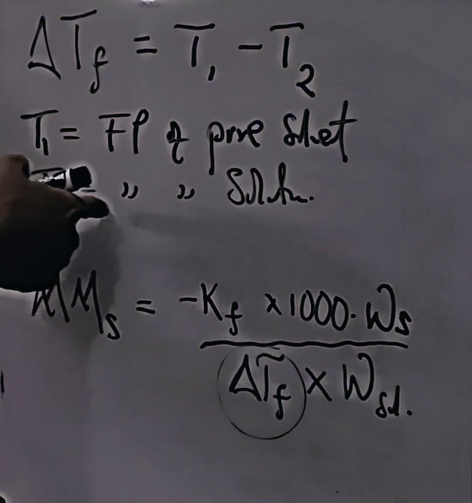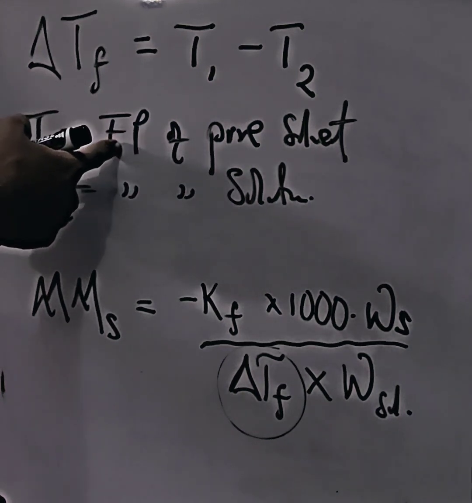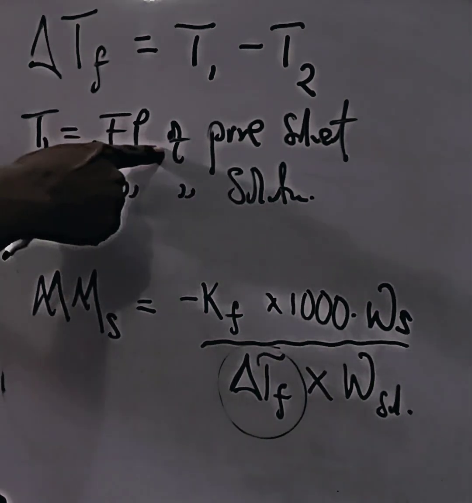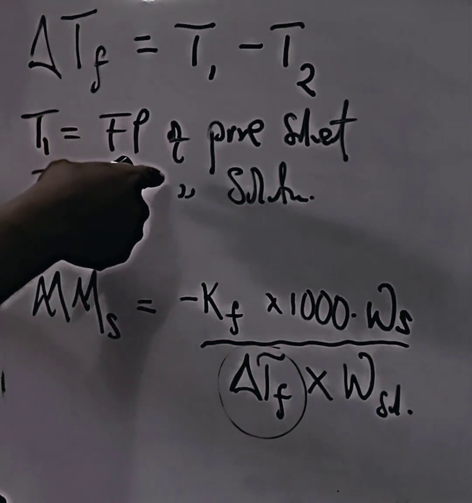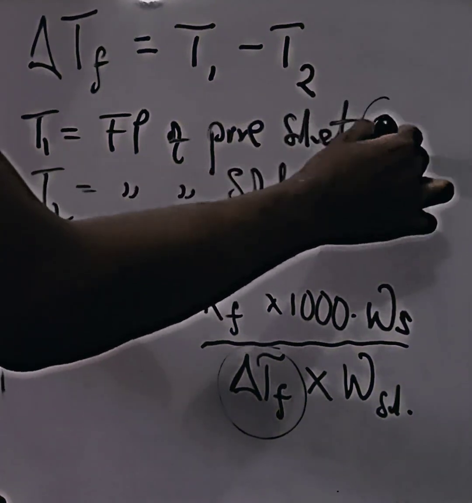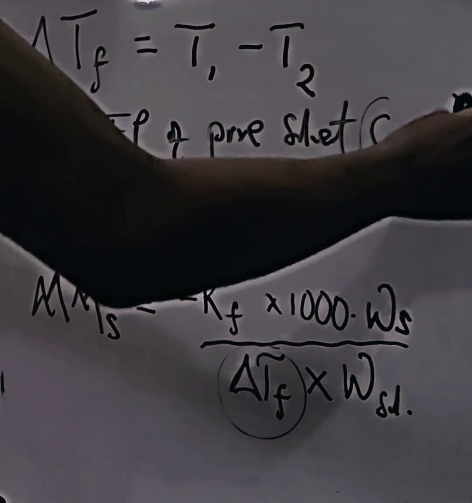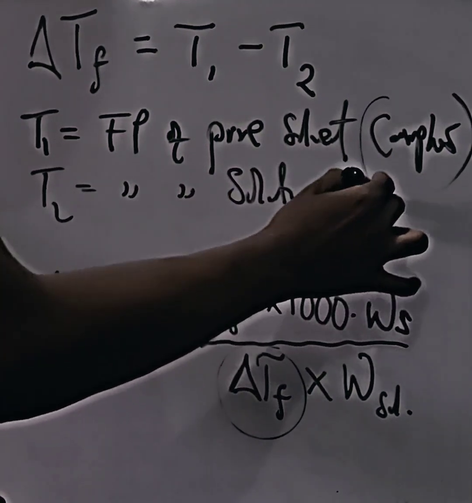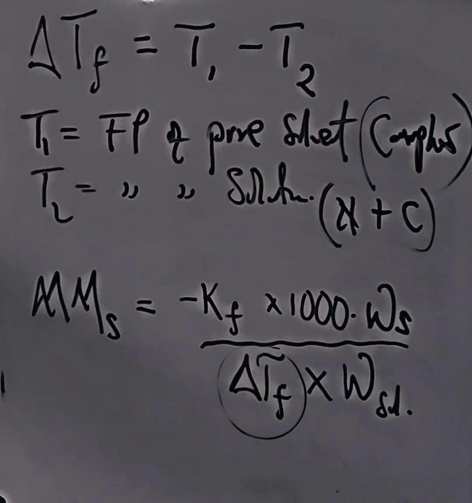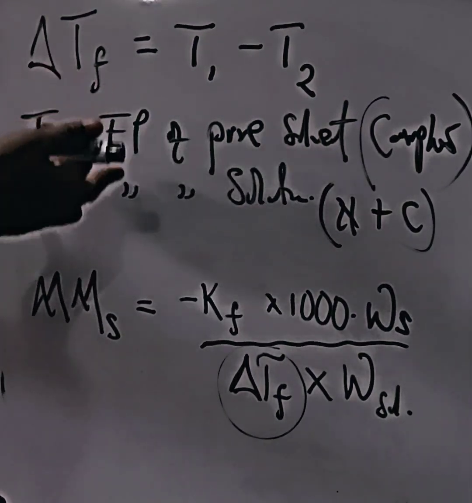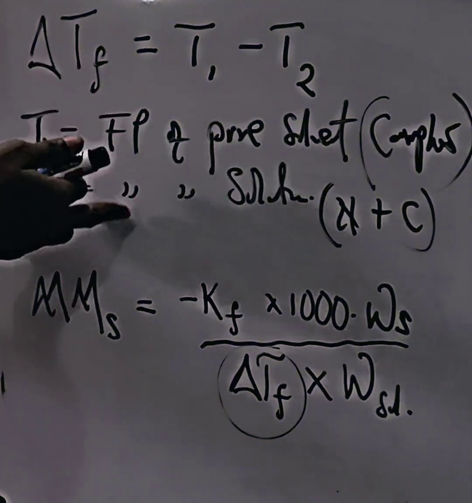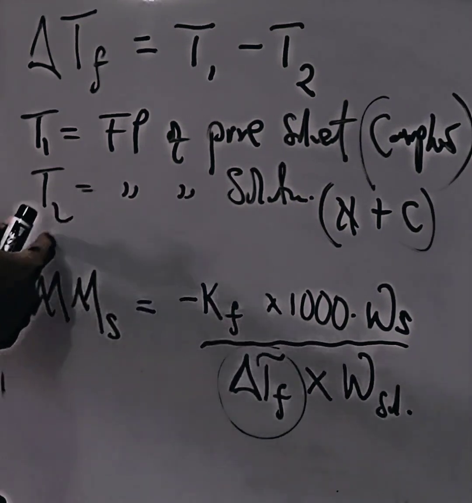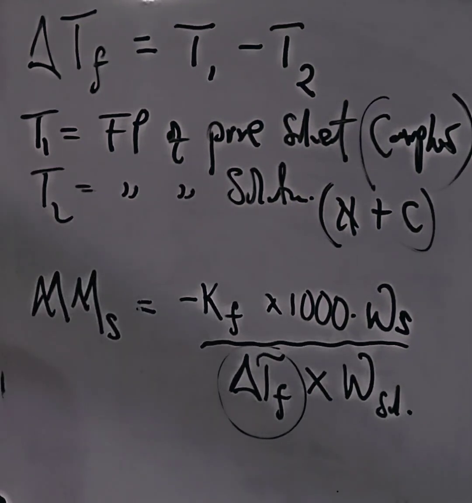So freezing point of the solution is T2, freezing point of the pure solvent is T1. The freezing point of the pure solvent is that of the camphor, which is our solvent. Then the freezing point of the solution is that of the naphthalene and camphor. So with this value, once you determine their freezing point using a thermometer, you do the subtraction, substitute to get the molecular mass of the solid, which is naphthalene.